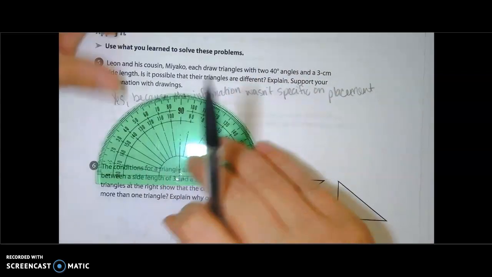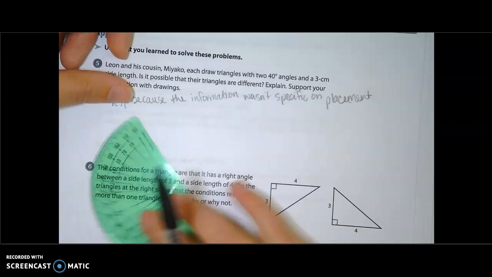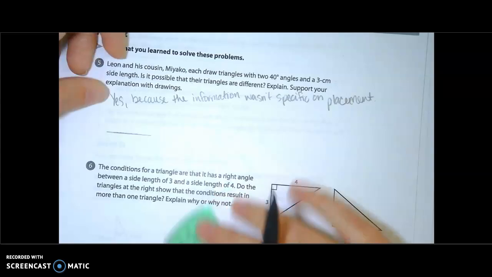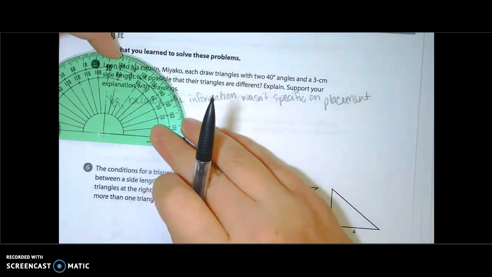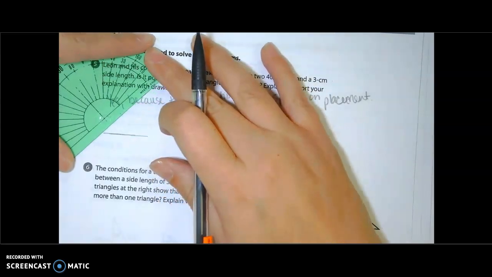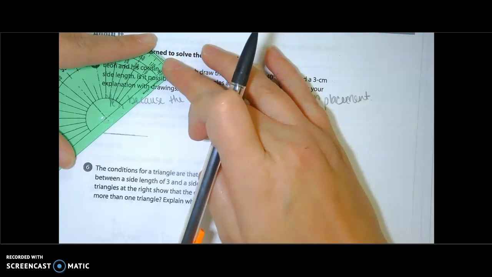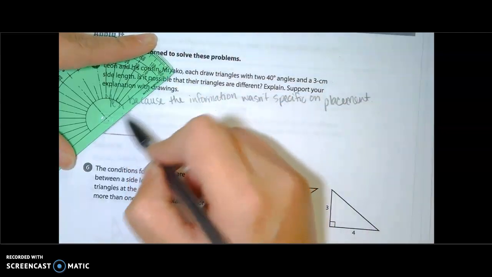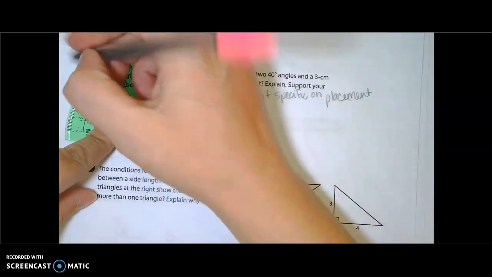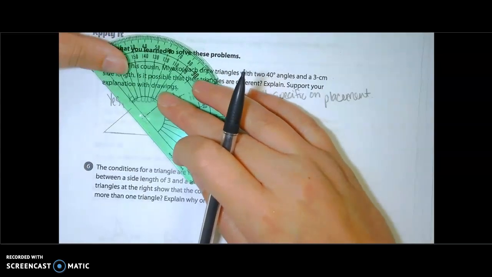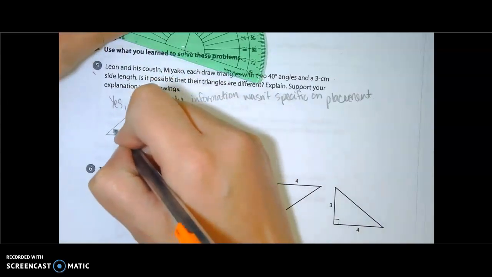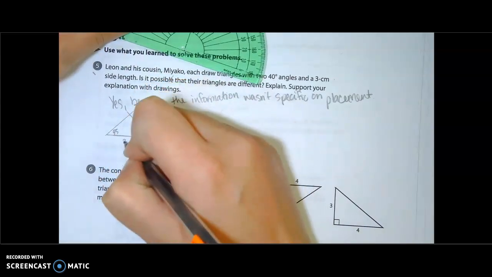I guess they could be, but when you draw it, right now I don't know what 3 centimeters would be like, but I could draw my 3 centimeters where each side has its 45-degree angle. So this is my 45, 45, and 3.